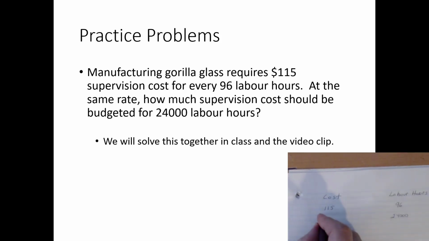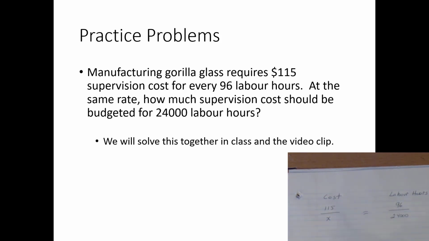Now I can easily express this as ratios being equal to each other. This ratio is going to be the same as that ratio. You could have turned it around and said that the ratio of 115 to 96 is the same as x to 24,000, right? And that would just mean cost would be along a row, labor would be along another row.